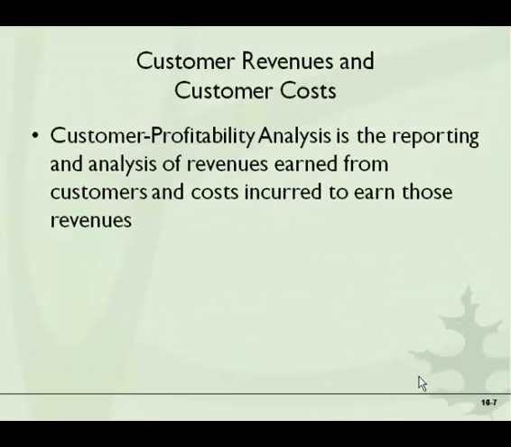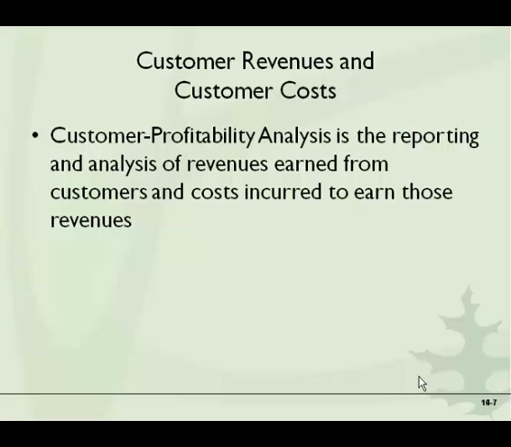Alright, when we think about customer revenues and customer cost, we're moving into the area of customer profitability. Customer profitability analysis involves the reporting and analysis of revenues earned from customers and costs incurred to earn those revenues.